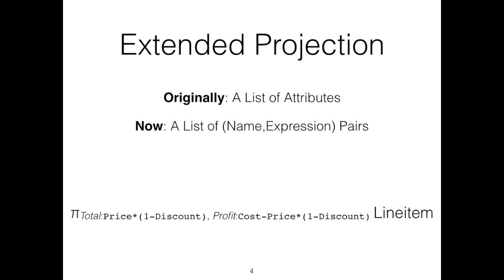So let me ask you this. The old version of projection, where we just have a list of attributes, can I use this to simulate that? In other words, is this a strictly more powerful version of projection, or do I need both?